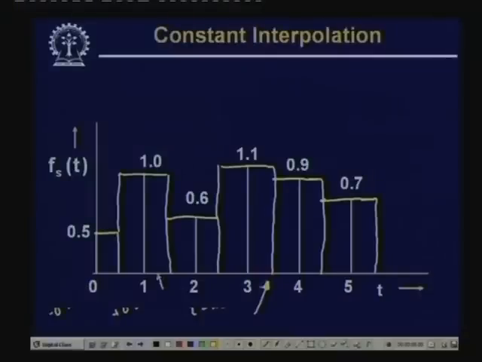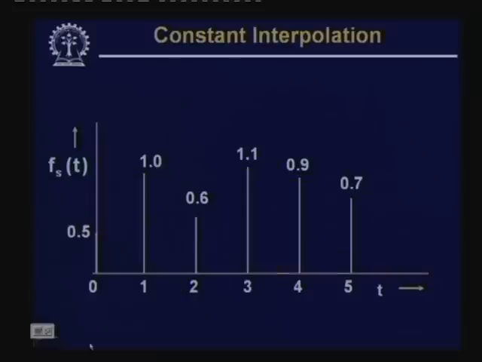So, for any point within this range, that is for t equal to 1 to t equal to 1.5, the nearest sample is f 1. For any sample from 1.5 to 2, the nearest sample is p 2 or f 2. So, this f 2 is copied to this particular location t, where t is from 1.5 to 2. So, this appears to be a more logical interpolation than the original formulation of interpolation.